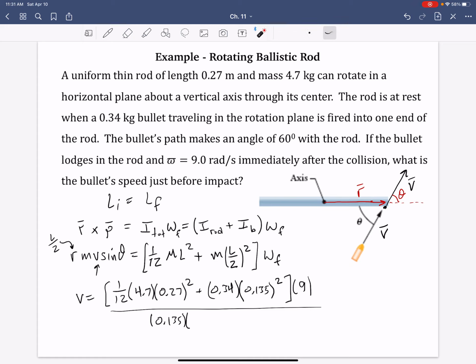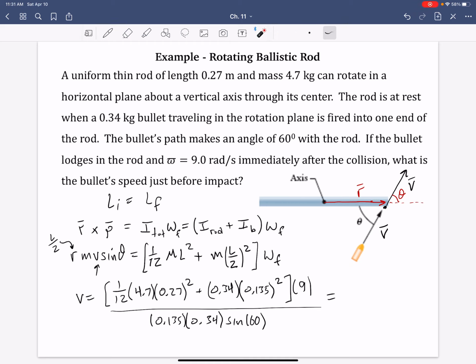By the way, this here is the linear momentum for the only object that's moving before the collision, and that's the projectile of mass lowercase m, which I have as 0.34. And then sine of theta, in this case, is 60.